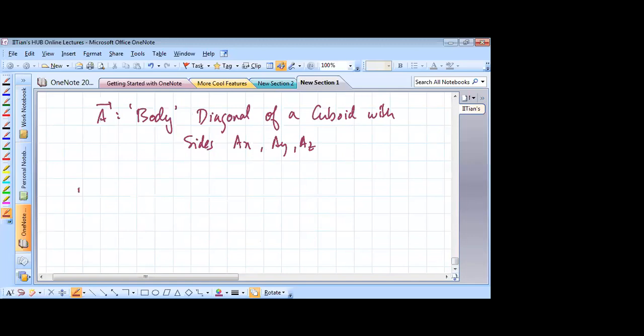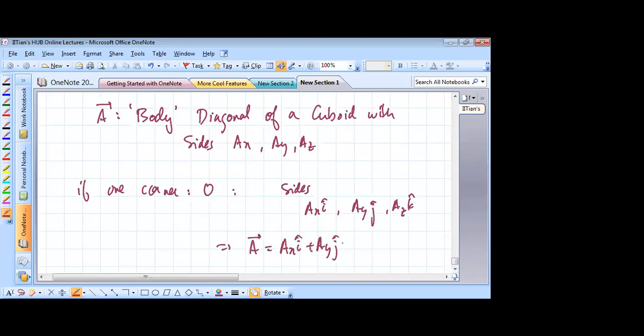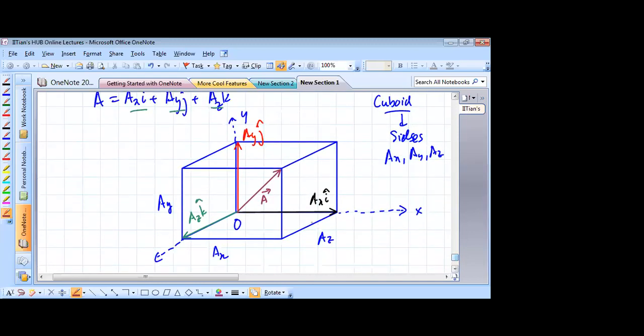So if one vertex or one corner is O, then the sides can be expressed as ax i cap, ay j cap, and az k cap. So the vector A, which is the body diagonal, can be expressed as ax i cap plus ay j cap plus az k cap. So this is the interpretation. So you can see here ax i cap plus ay j cap plus az k cap will bring you to this corner.